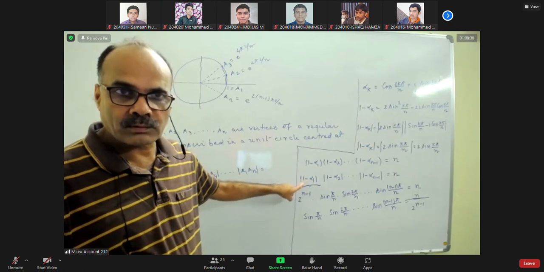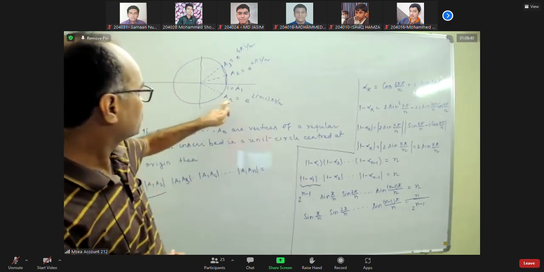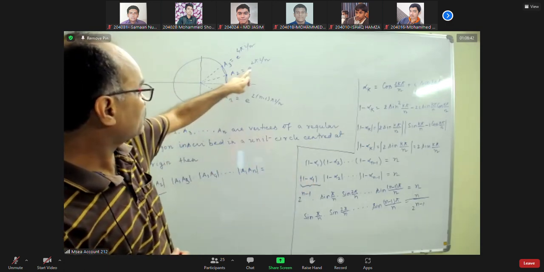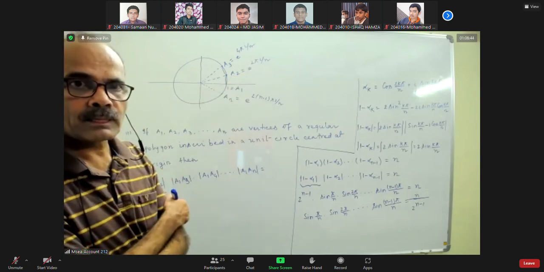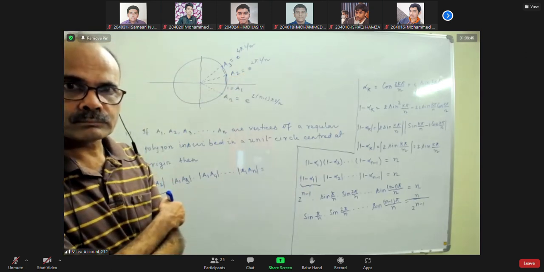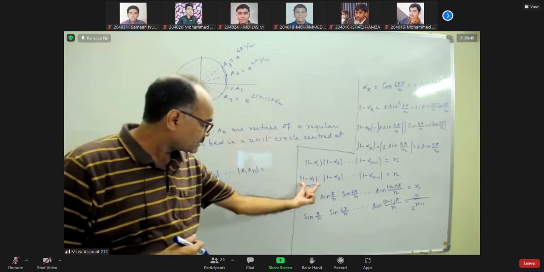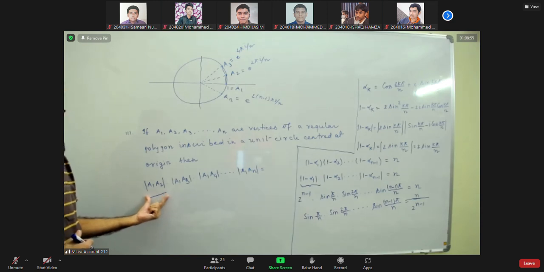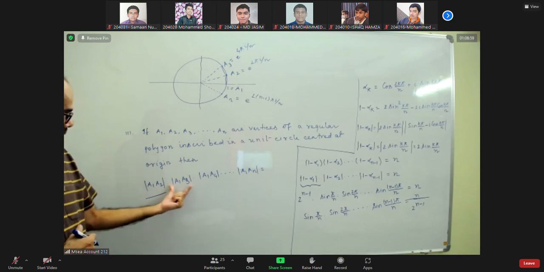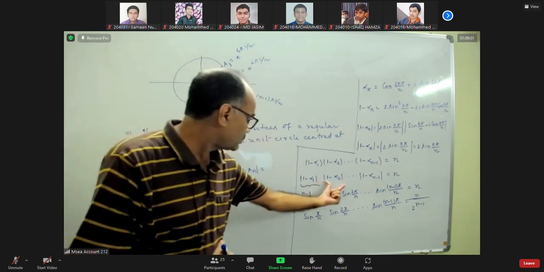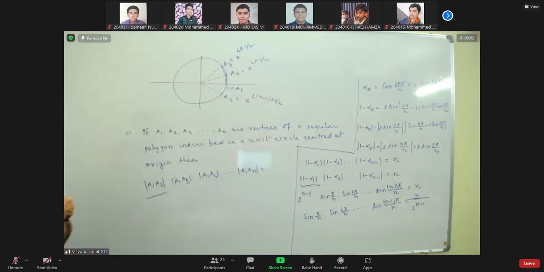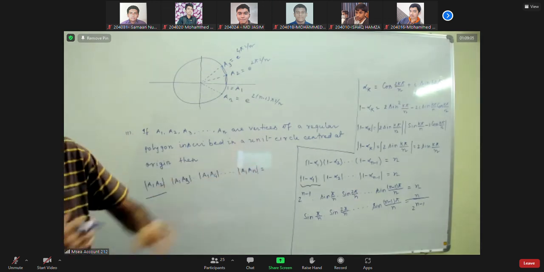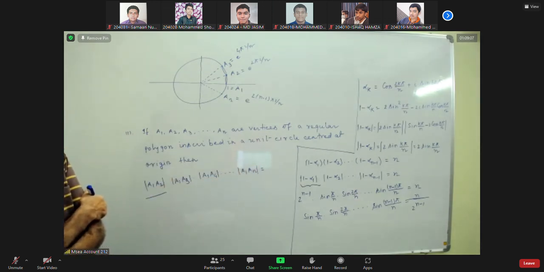This is the distance from this complex number to this complex number. So this quantity is exactly equal to how much? A1A2. Is there any difference? No. And this one is exactly equal to the second one. So this value should be how much? N.